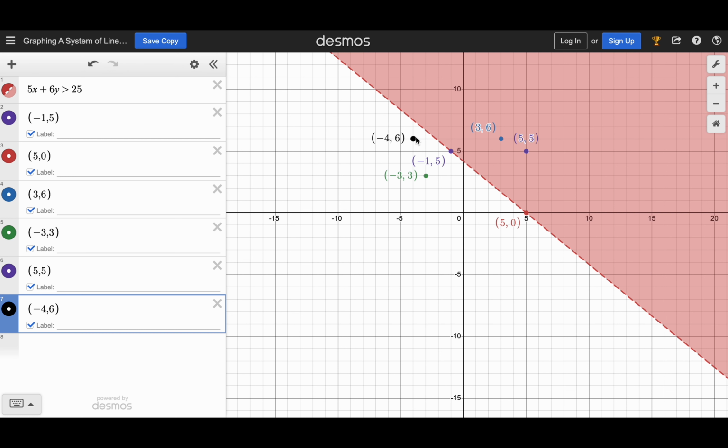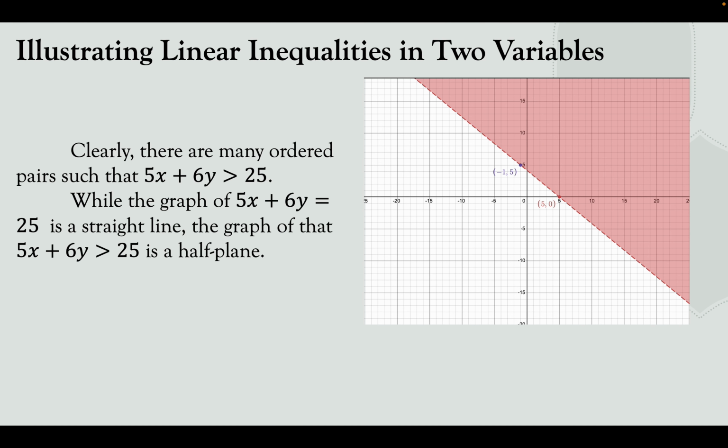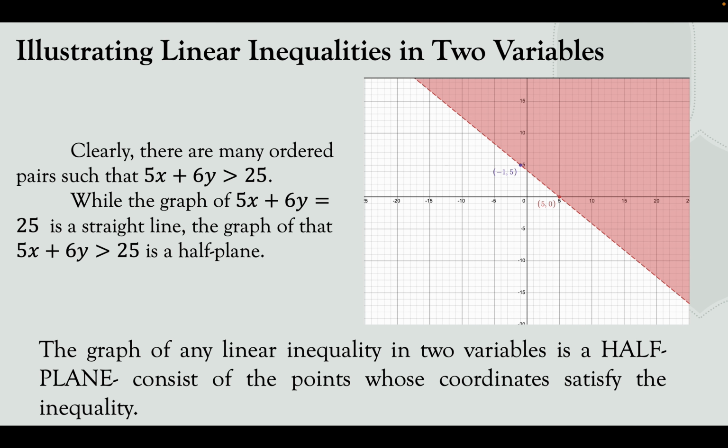So later on in our next lessons, we will try to explore the GeoGebra and Desmos applications. So the graph of the linear inequality in two variables is a half plane consisting of the points whose coordinates satisfy the inequality.